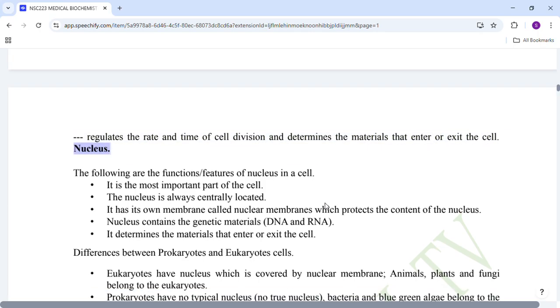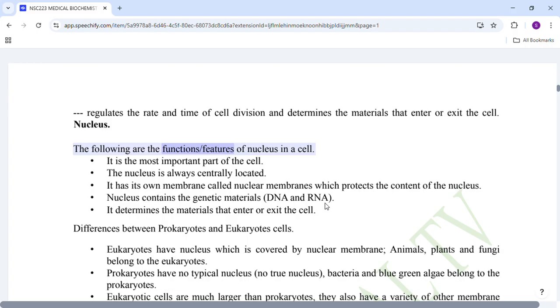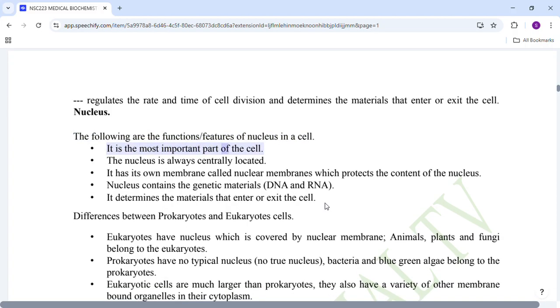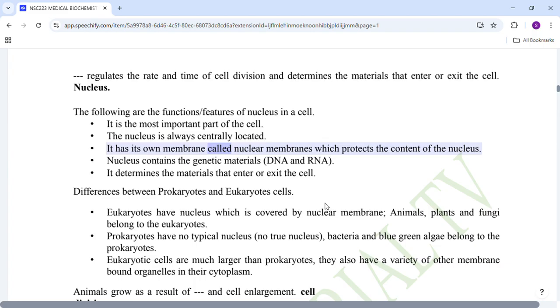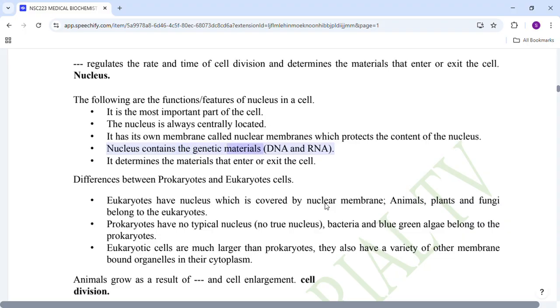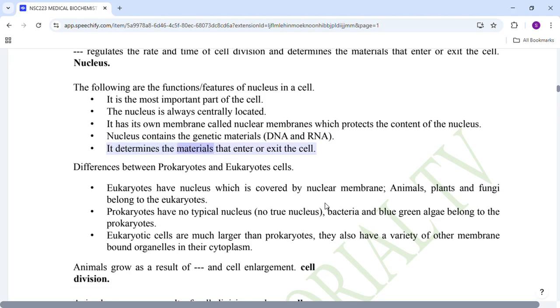It has its own membrane called the nuclear membrane, which protects the content of the nucleus.